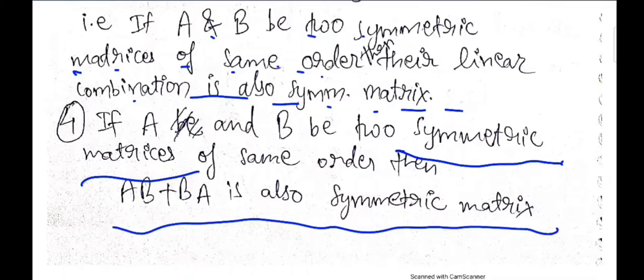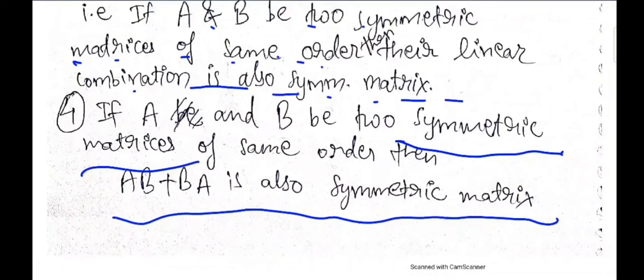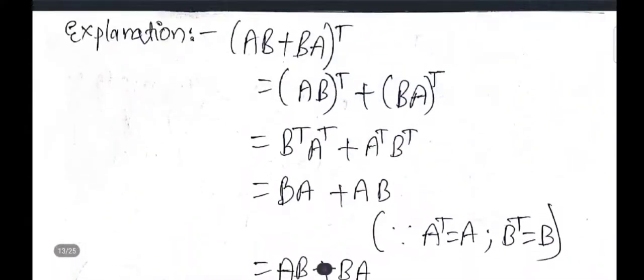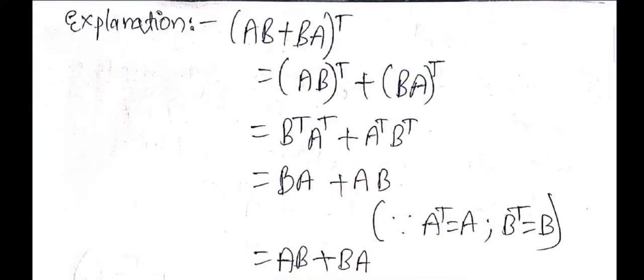So the proof of it is written over here. Whenever we have to prove that a matrix is symmetric, we have to take the transpose. So let's take the transpose of AB plus BA. By the property of distributivity, it is AB transpose plus BA transpose.